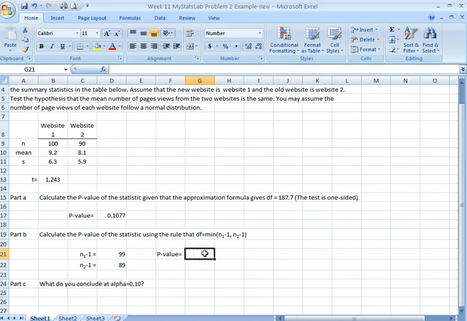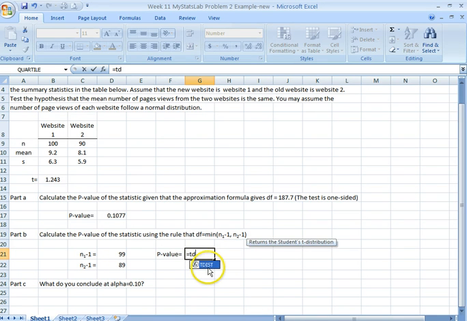So we can go back and use our same formula for TDIST. I'll double click there. Go back to t again is 1.243, comma. Now our degrees of freedom are 89, comma.